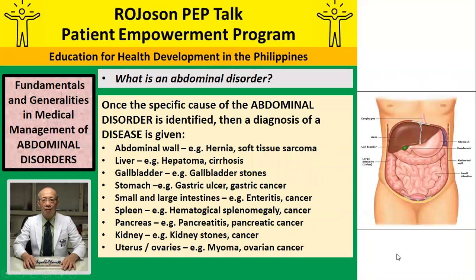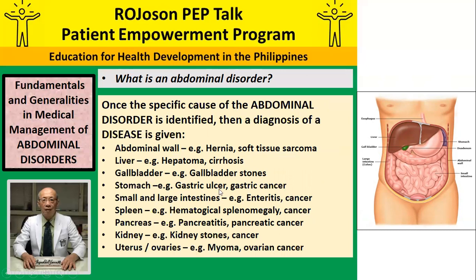Once the specific cause of the abdominal disorder is identified, then a diagnosis of the disease is given. Example, abdominal wall disorder, you can have a disease called hernia or soft tissue sarcoma. For the liver, hepatoma, a form of liver cancer, cirrhosis. Gallbladder, gallbladder stones.